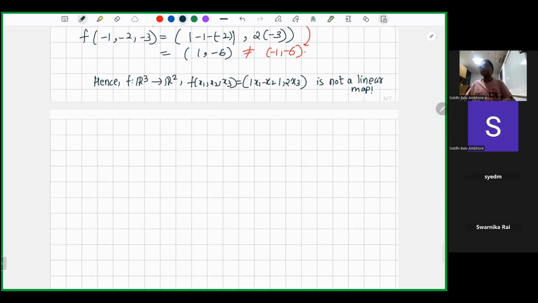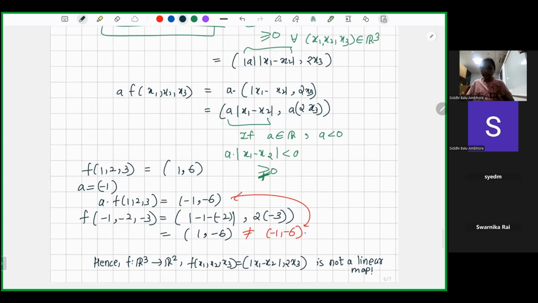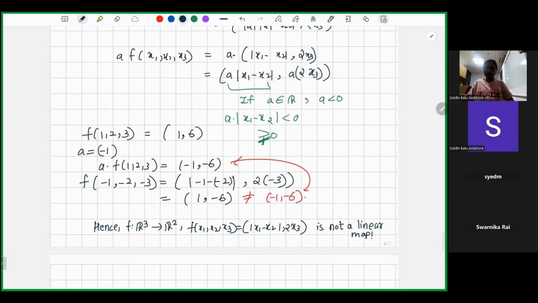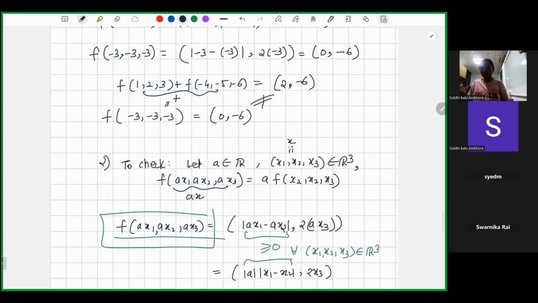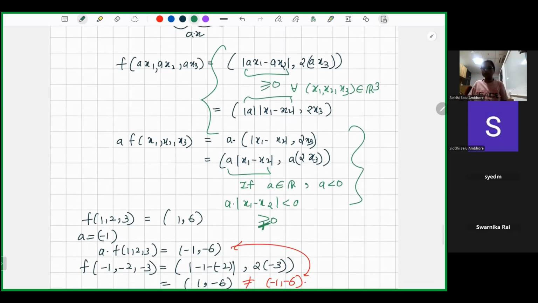Can you just explain once more, please? Why this is negative? Yeah. Because the conditions which a linear map must satisfy are not satisfied here. So not this modulus part, right? I think this is what you must have some doubt in, right? Yeah, initially you said it must be greater than or equal to 0.